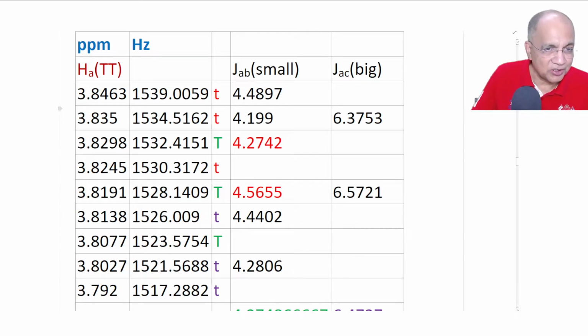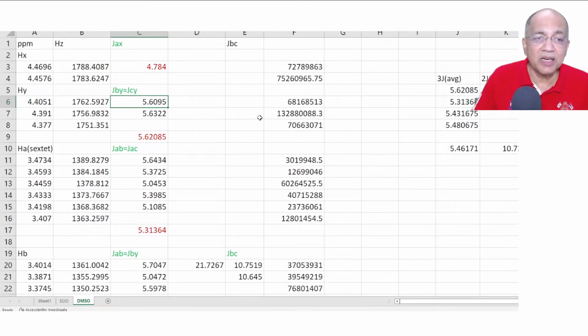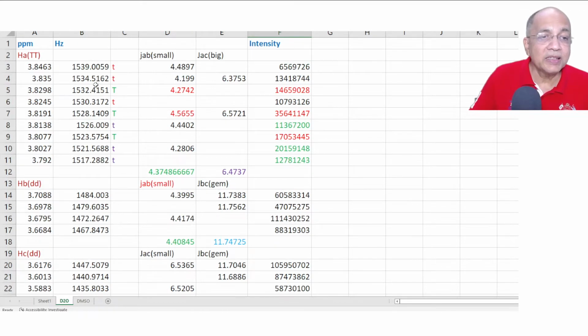So we have taken this minus this, or this minus this. If I show you the Excel spreadsheet, how we have done, if you can see, this is D2O and C. Here you find this is B3 minus B4, these two.